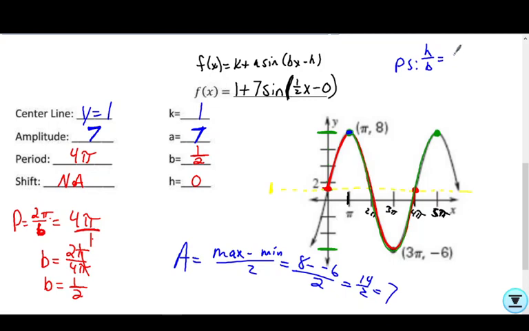So you would have said that this is pi equals h over 1/2, which basically means that to find h, you would have multiplied by the reciprocal, which would have given you 2 pi. So that would have been the only difference. Okay? But remember, keep it simple. If I don't have to sit there and do a phase shift and deal with a horizontal shift, don't.